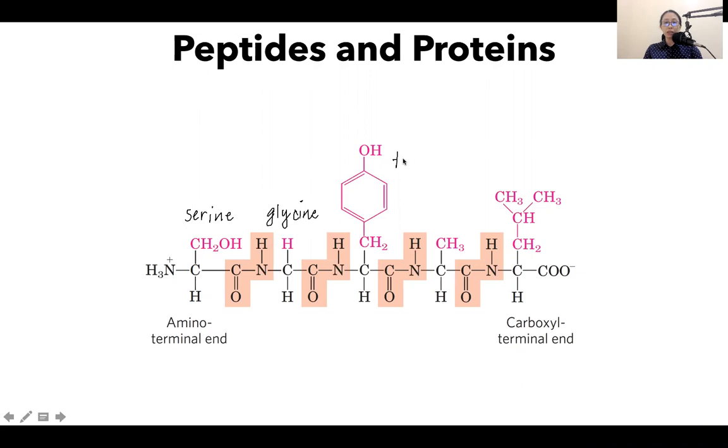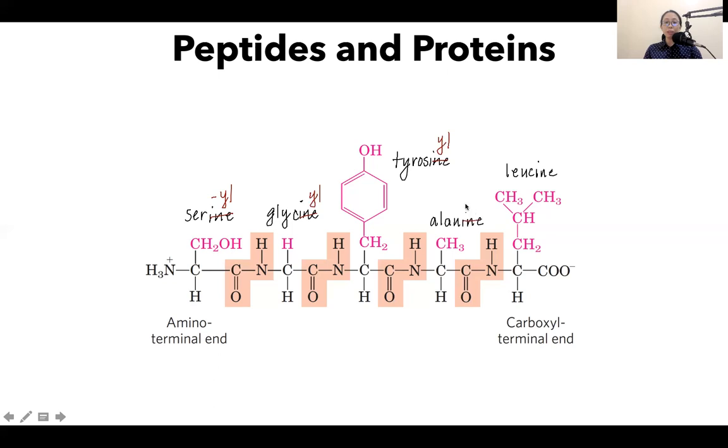This is tyrosine. This is alanine. And this is leucine. So the convention is to convert the "ine" ending to "yl" and then simply connect the names together.